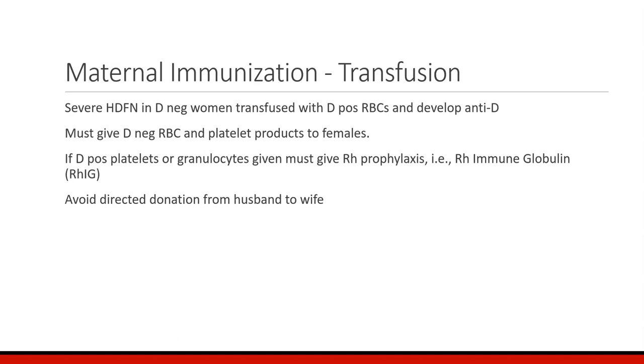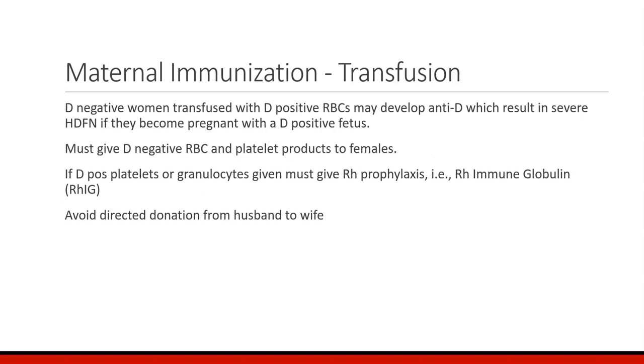For transfusion, we need to always be aware of the D type because of severe HDFN and D negative women who are transfused with D positive red cells. We have to be very careful in transfusing D negative women of childbearing age.